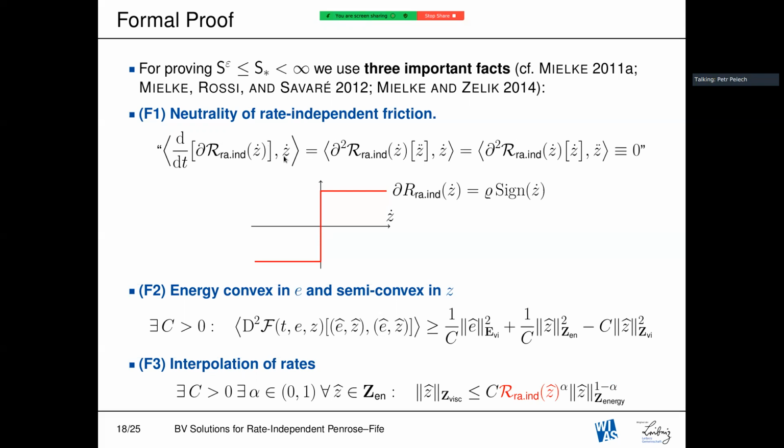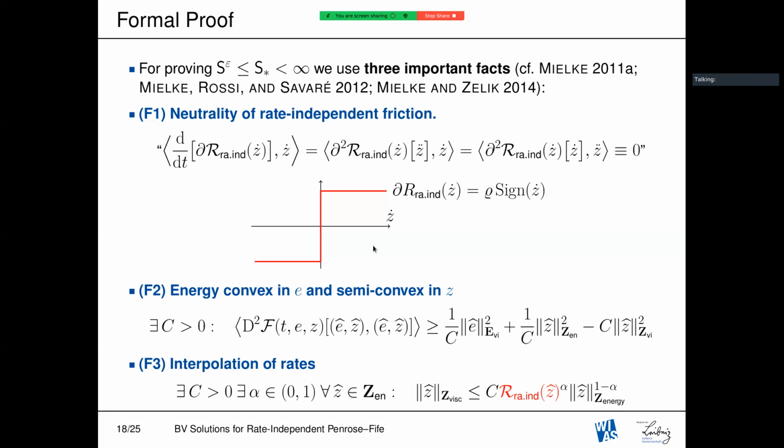But if it's non-zero, then as one moves along the rate, the friction force is constant, which means its derivative along z dot is zero. So this term is then zero. So this is why the rate independent term in these estimates doesn't play a role.